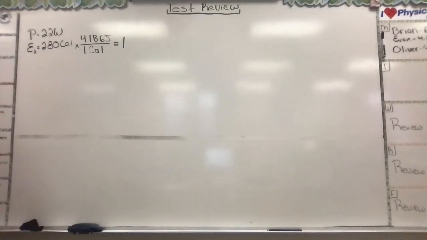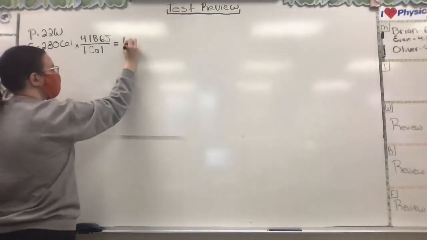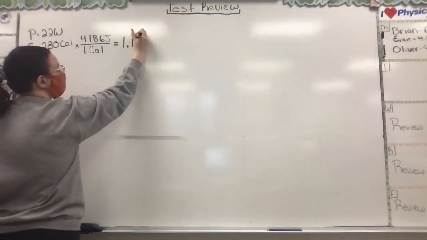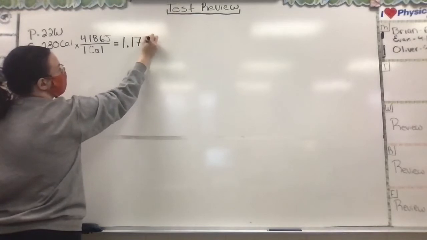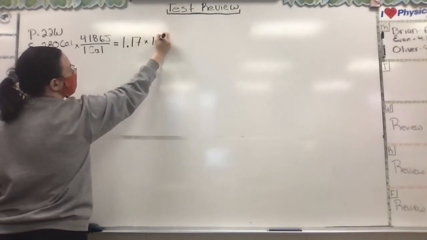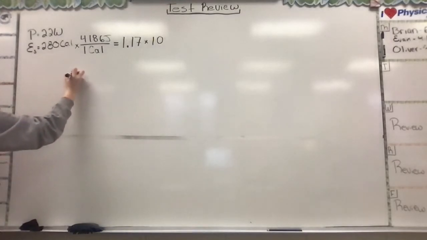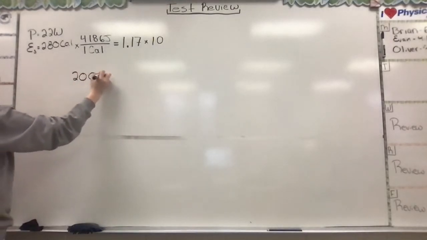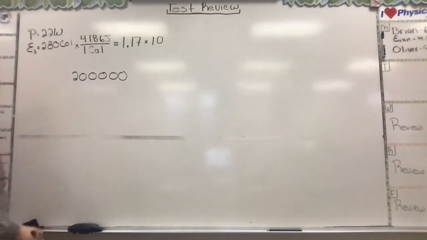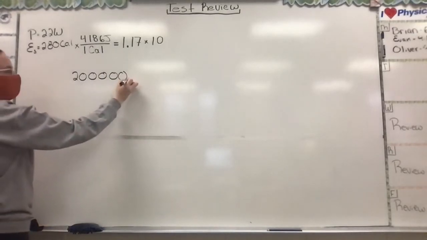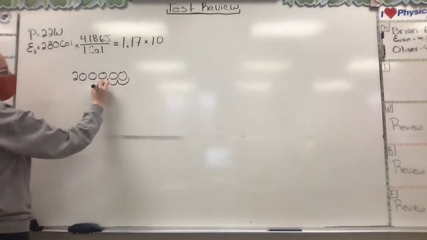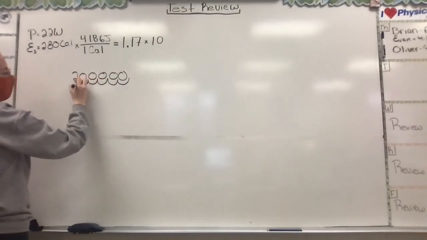It's 1.17 times 10 to the... Hold on. Okay, let's do a quick briefing on how we do this. Let's say we have 200,000, okay? 1, 2, 3, 4, 5.